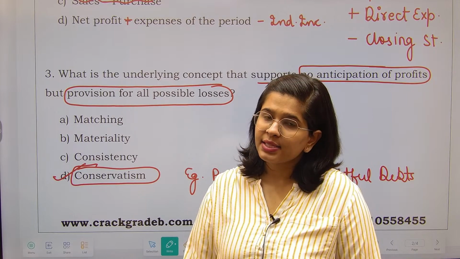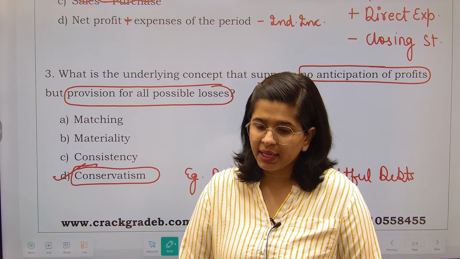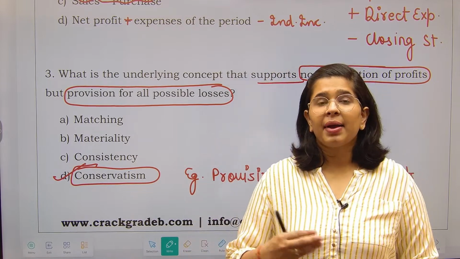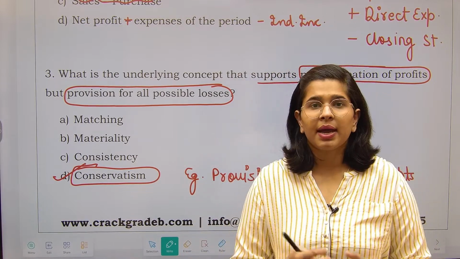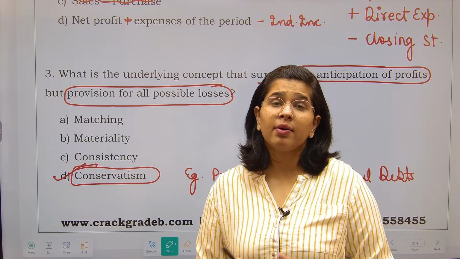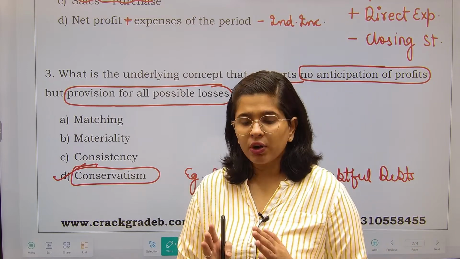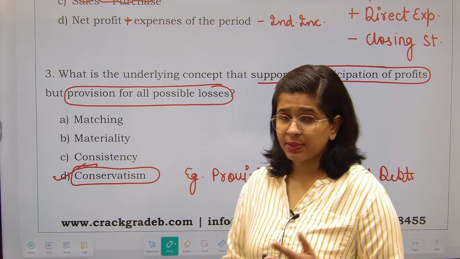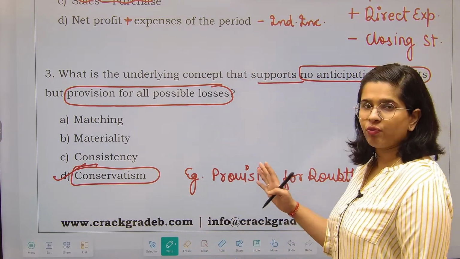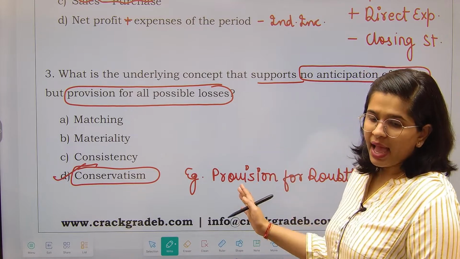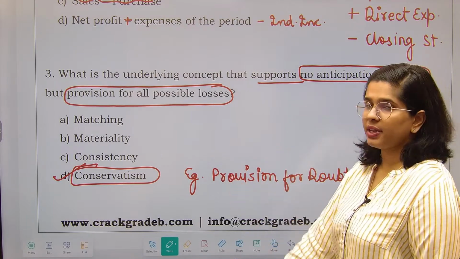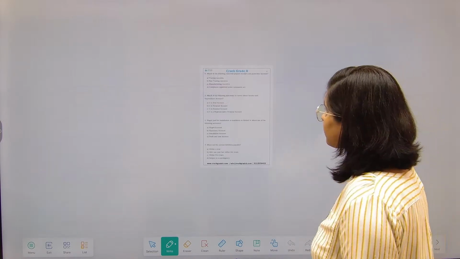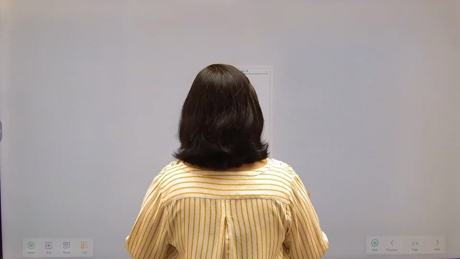We have made sales to them, and that is why we have to collect the amount. But it is always the case that they might not pay us. There might be certain people who might default. So for such people, based on our previous experiences, we create provisions for doubtful debts, and this is what the conservatism principle calls for. Okay. Now next question.